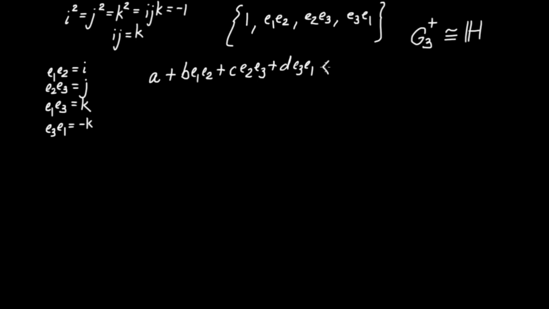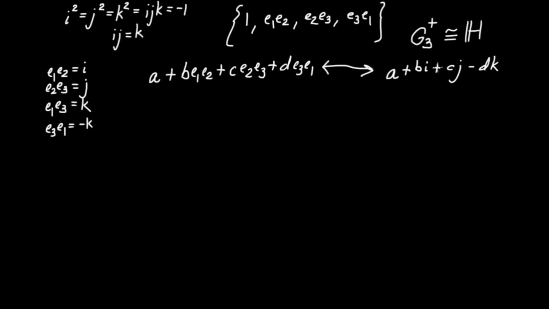I can send that over to the quaternions by doing the following, just translating the symbols. I associate with the following quaternion, a + bi + cj, now minus dk. Now I've got to add in that minus because remember e3e1 is actually minus k, not k. So I translate the elements of the even subalgebra into the quaternions in the following way. And this function going from here to here is called the isomorphism.